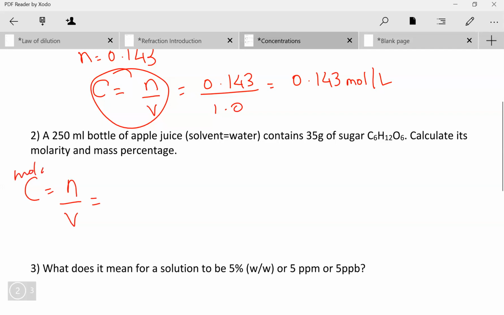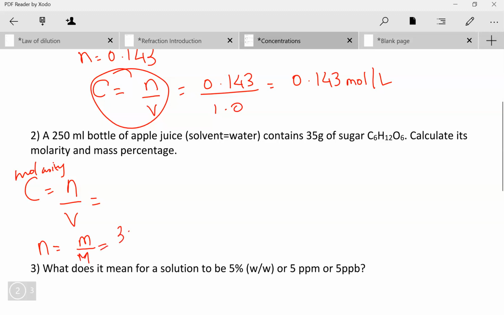This is molarity, my capital C, molar concentration. N is difficult to get first. I mean, it's not difficult. It's not given in the question directly, which is why I have to do my first formula, number of moles equals mass over molar mass.